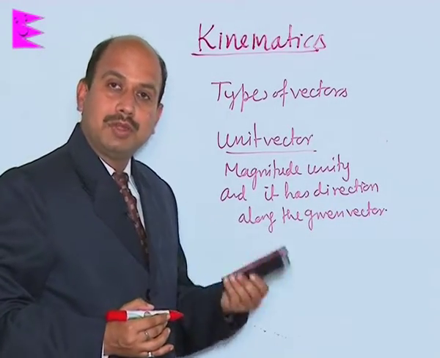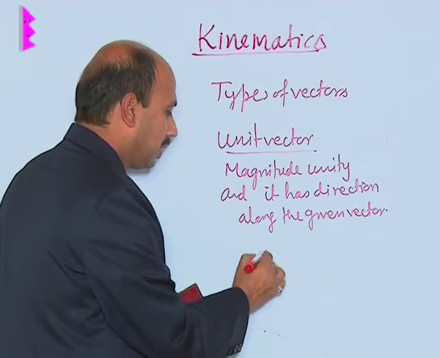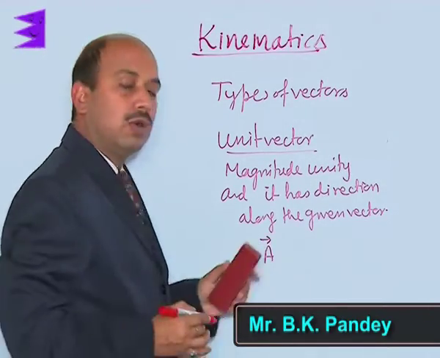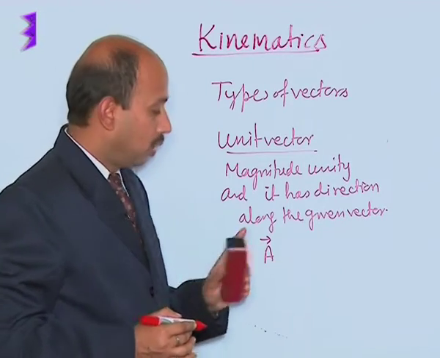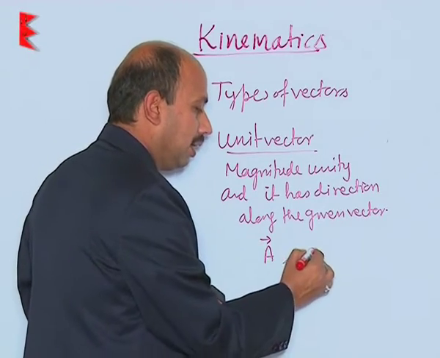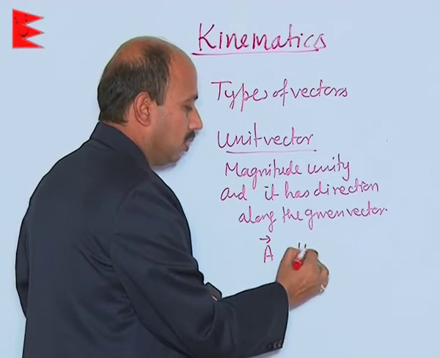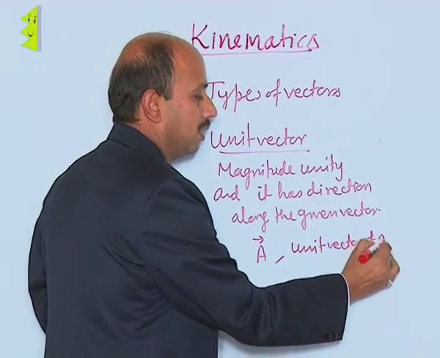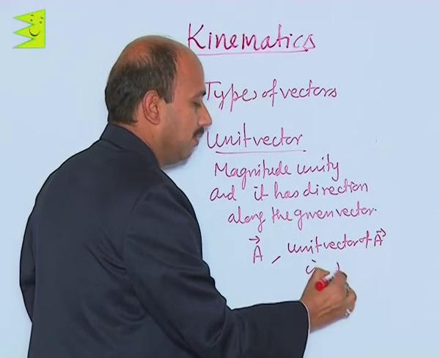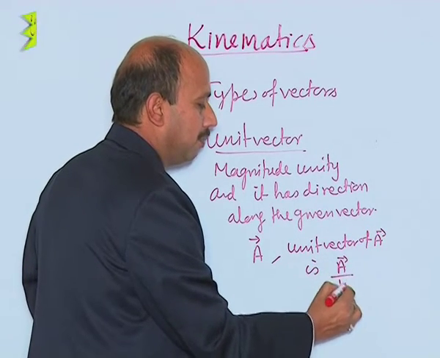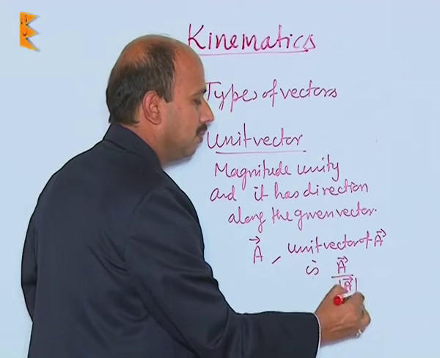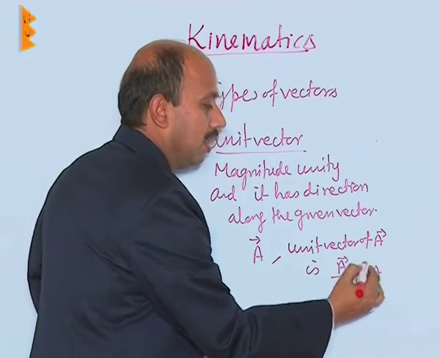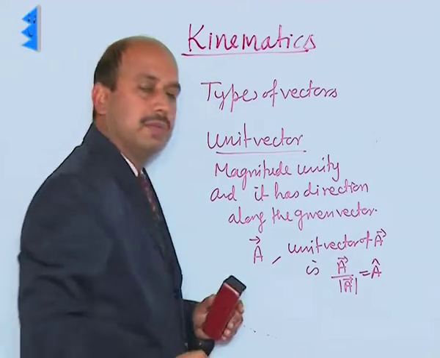So, how do we represent unit vector? Suppose you have got vector A like this and you want to write its unit vector. How will we write it? Unit vector of vector A is vector A divided by magnitude of vector A, and we write here a symbol cap.